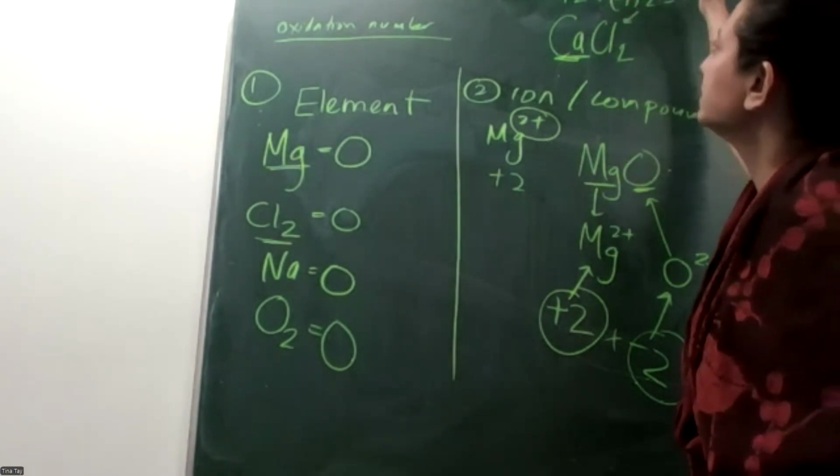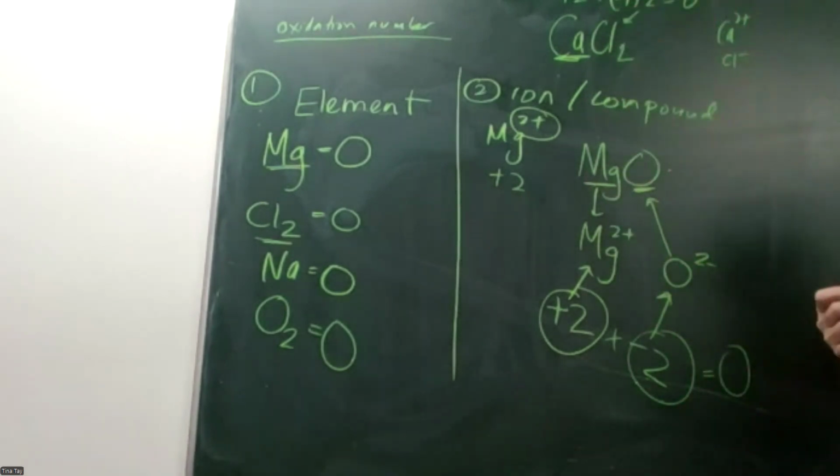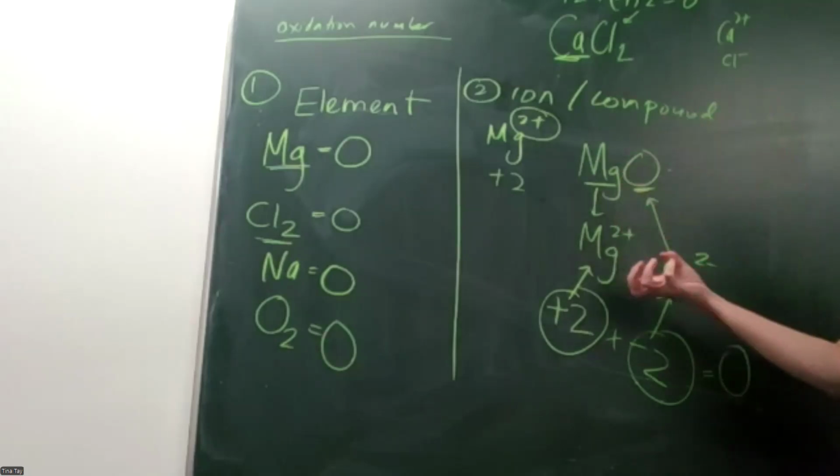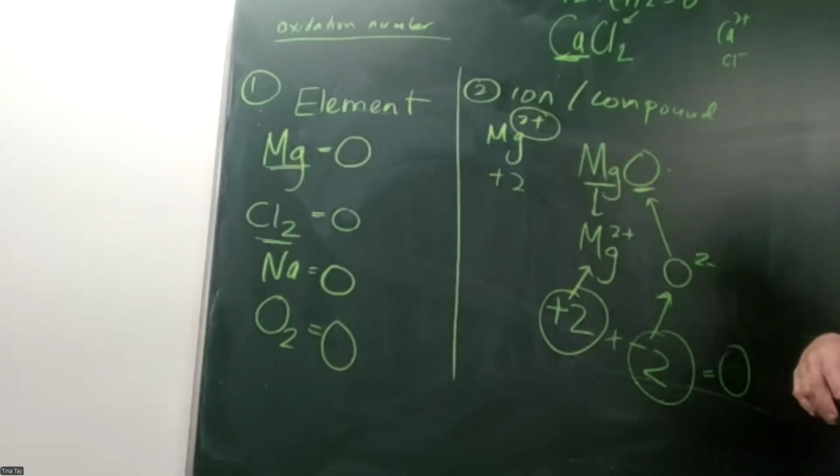So the total still equals to 0. Can I understand? Now, what other rules do we have? The compound added together is 0, the element is 0.